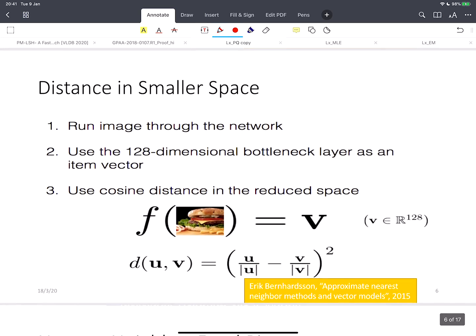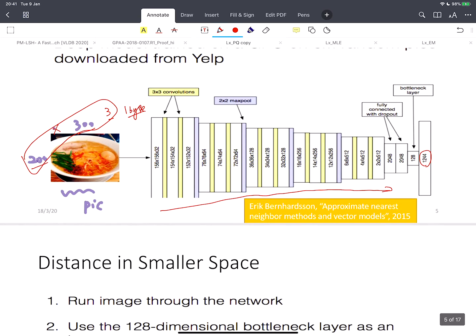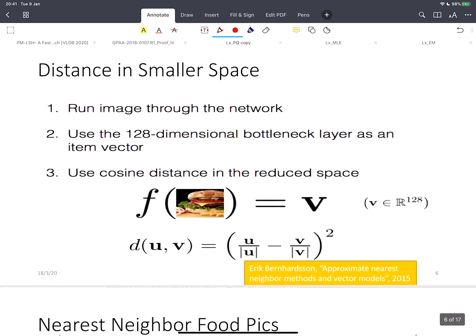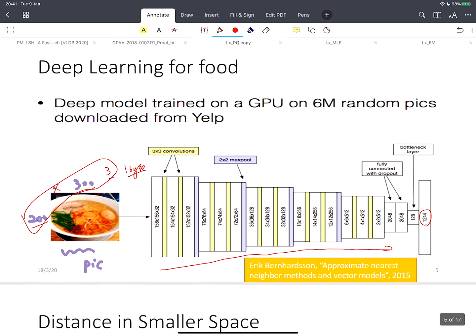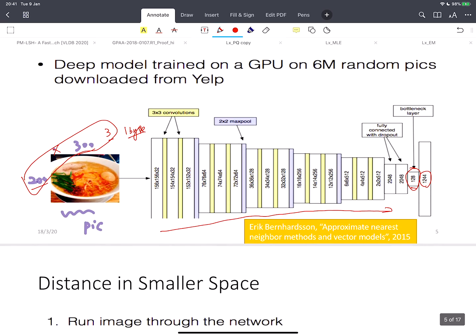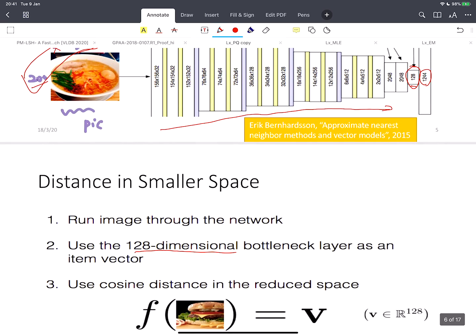So once you can map each and every picture to a point in the 1244 dimensional space, finally you use a bottleneck layer, which forces everything into 128 dimensions.